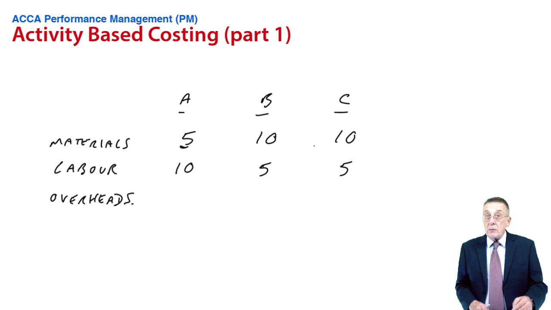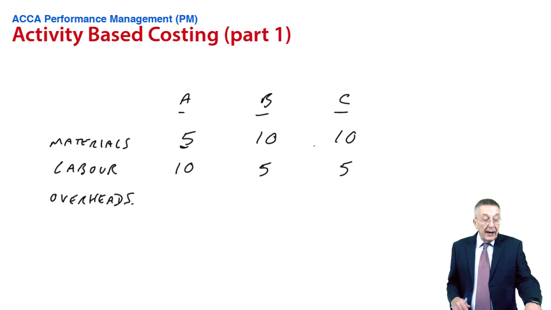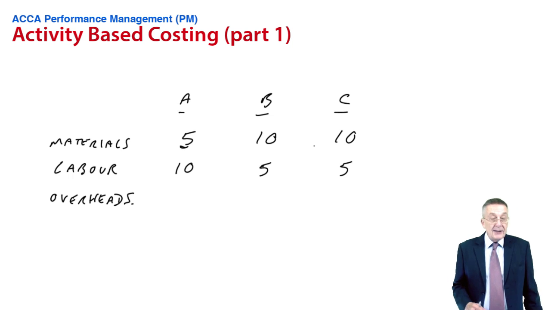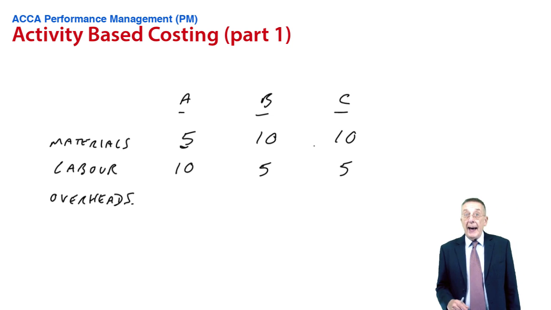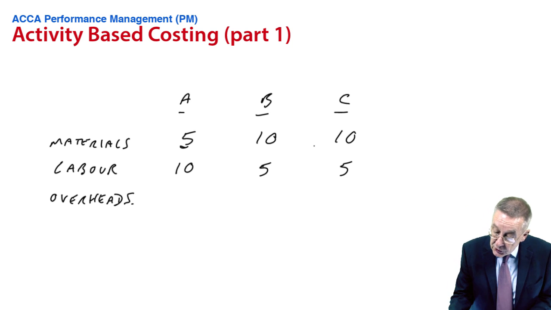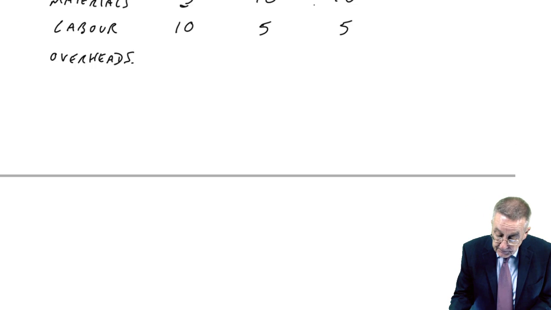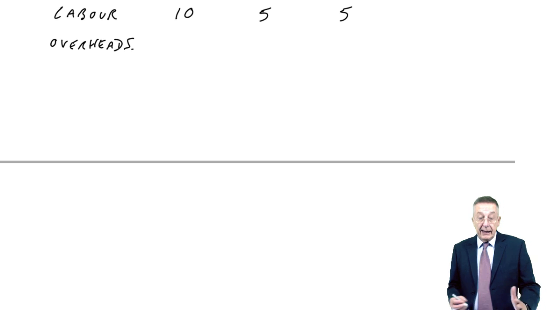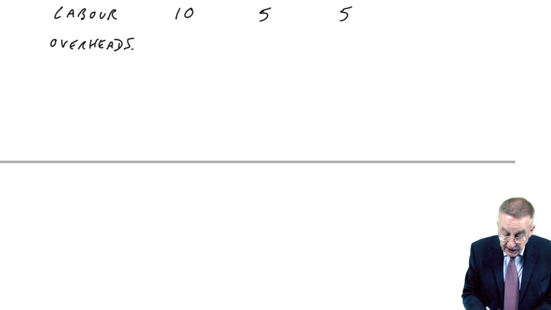And the question says, if you look back at part A, calculate the cost per unit, absorbing all the overheads on the basis of labour hours. Well, as I say, this should be a revision of paper F2. I've left a bit of space here so that I can do workings.